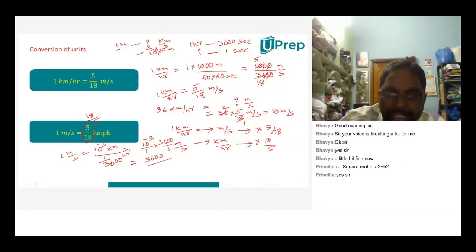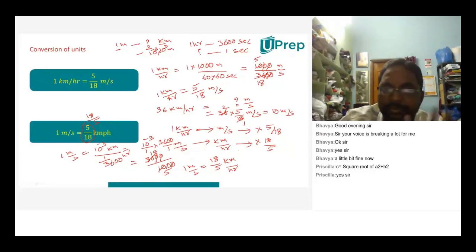If it comes to the denominator, you can write 10 power 3. So 10 power 3 means 1000. Now see here, these zeros will be cancelled. Now 2 1s are 2, 2 5s are 10, 2 18s are 36. So 1 meter per second is equal to how many kilometers per hour? 18 by 5 kilometers per hour.